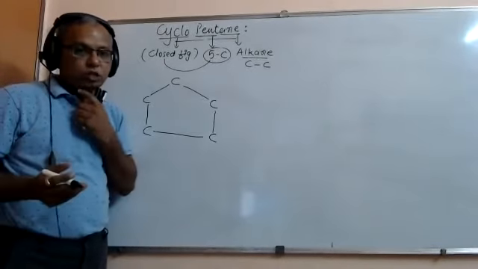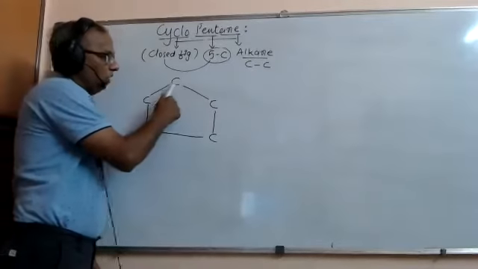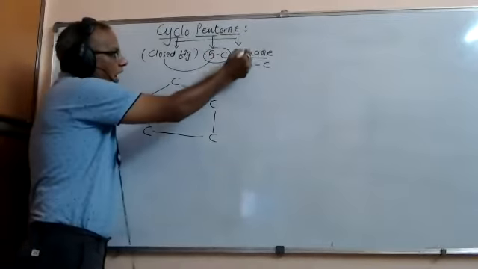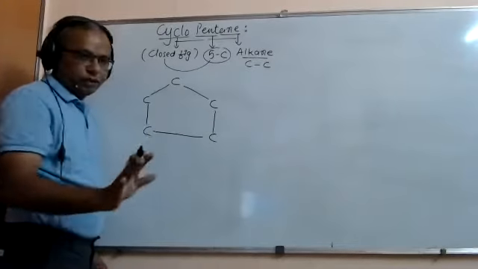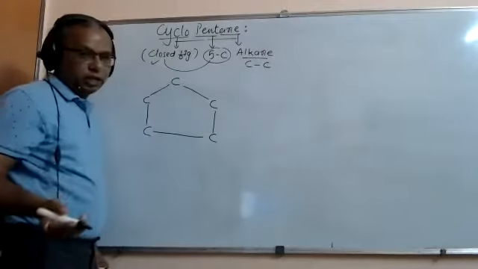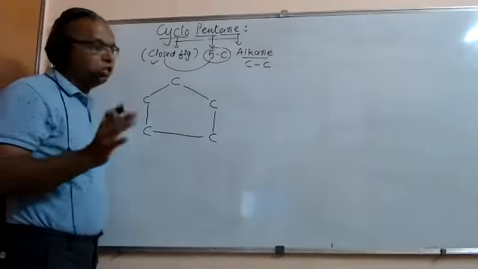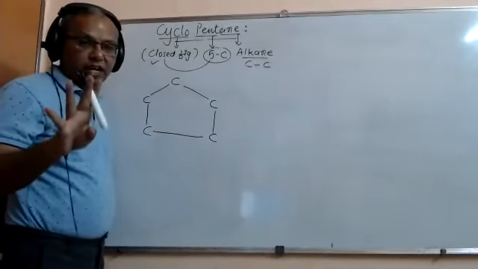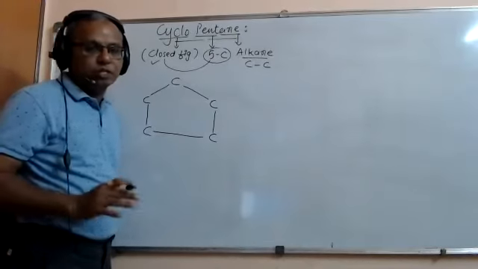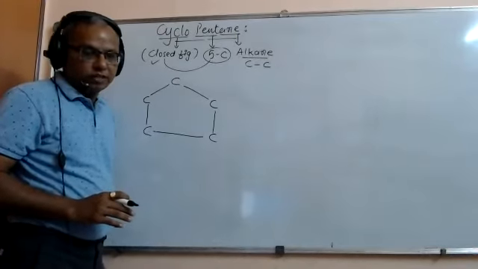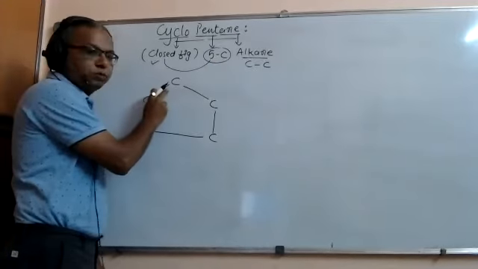Now what is the next thing? The next thing is to fulfill the valency of carbon. As you know, friends, here is alkane, all the bonds are single bonds. So all single bonds are placed, closed figure is here. Next thing is to fulfill valency of carbon. All carbons have always 4 and only 4 bonds as its valency. So here you can see the valency of carbon is 2, 1 and 2 is fulfilled.